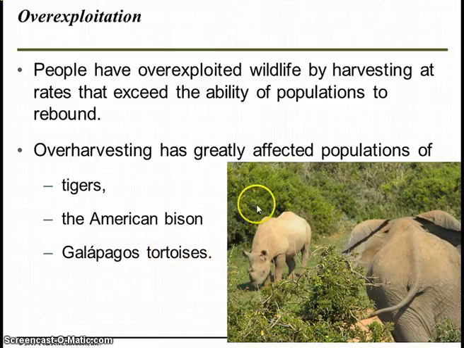Two more examples that are really high right now, rhinos and elephants. Rhinos, their horn is taken for Asian medicine that it doesn't work like that, and elephants for their tusks. Each year we kill a lot of animals.